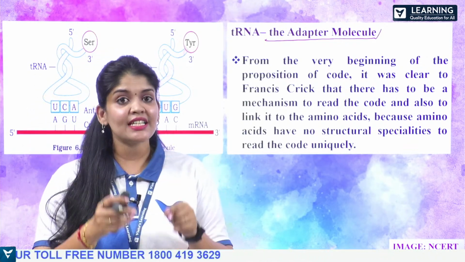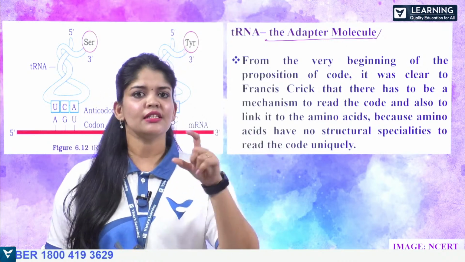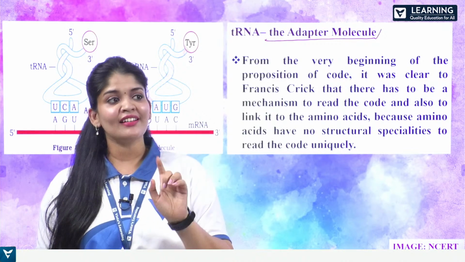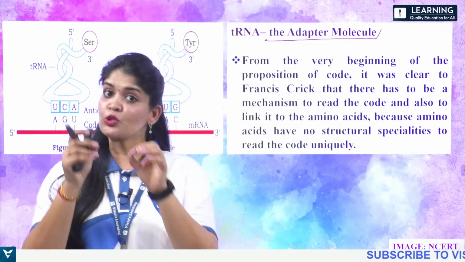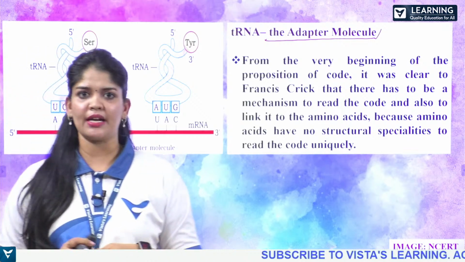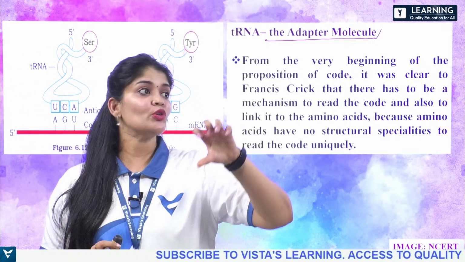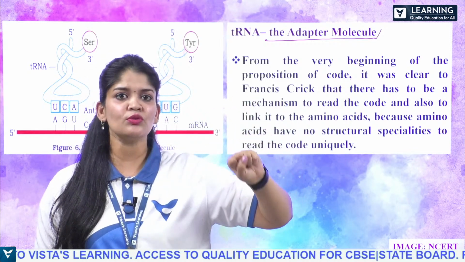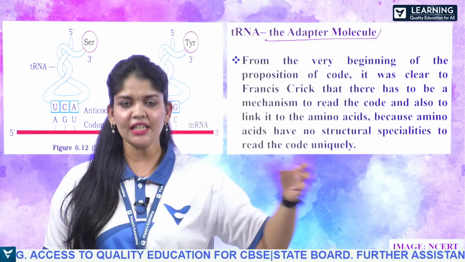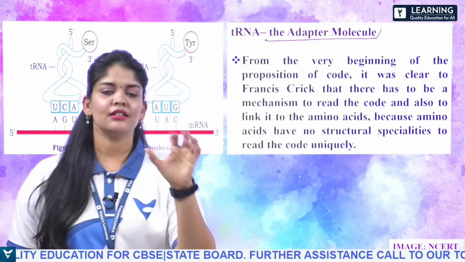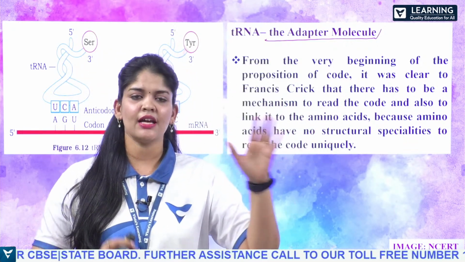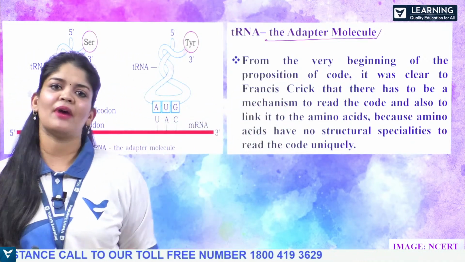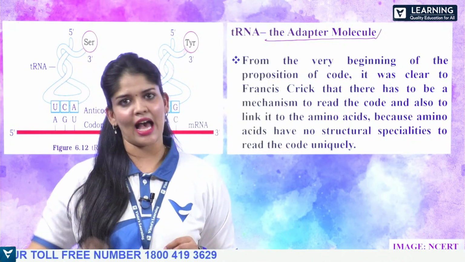So that work is assigned to the tRNA. This tRNA has arms, where one arm has the anticodon, which is complementary to the codon sequence present on the mRNA. By that, it will identify the amino acid, and after identifying, it will bind to that amino acid using another arm in its structure. So the tRNA binds to the amino acid, and this tRNA combined with the amino acid will come to the location where protein synthesis is happening.